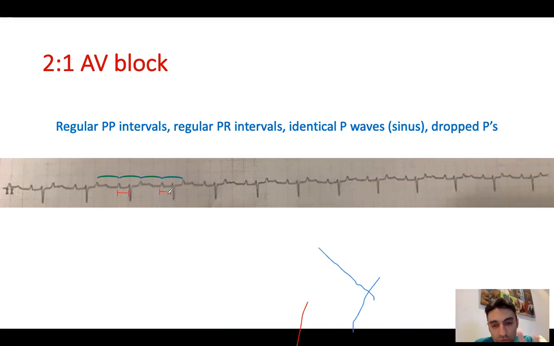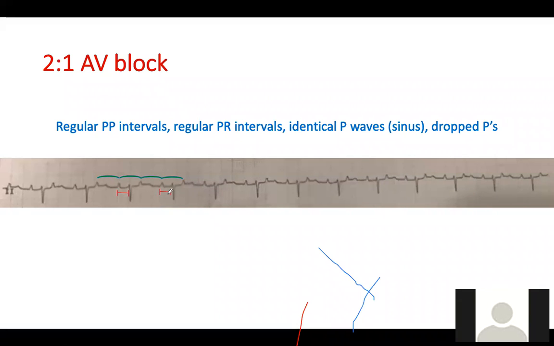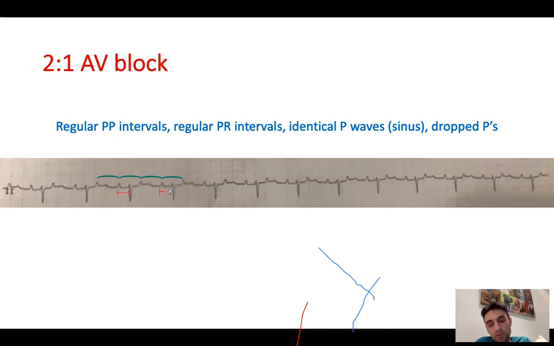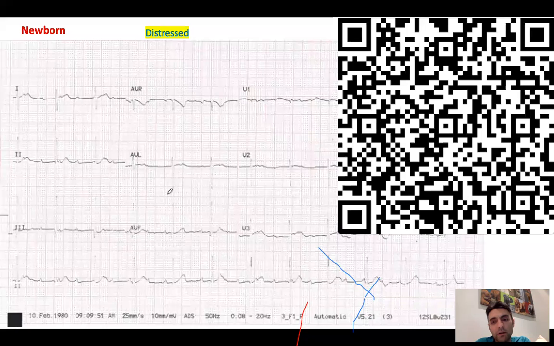In this case, because it's 2-to-1, you cannot tell whether this AV node block is Mobitz 1 or 2, because there are only two P waves, so you cannot tell whether it's prolonging gradually or not. That's why it's a separate entity called 2-to-1 AV block. When I say 2-to-1 AV block, this could be Mobitz 1 or Mobitz 2. Mobitz 2 is a P that drops without preceding PR prolongation; Mobitz 1, a P drops with preceding PR prolongation. Okay.